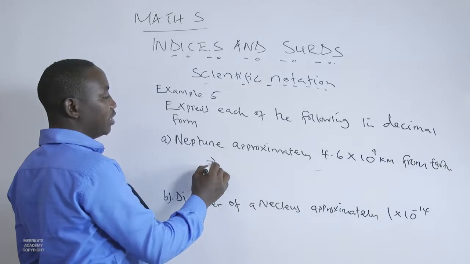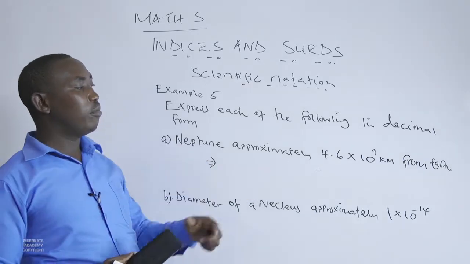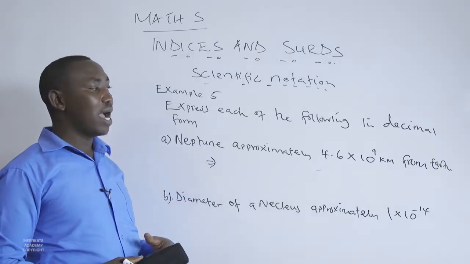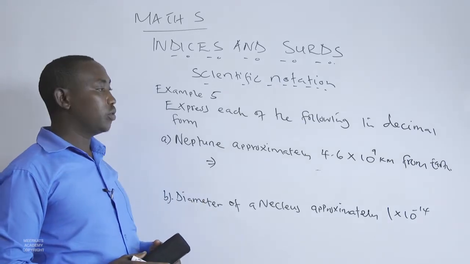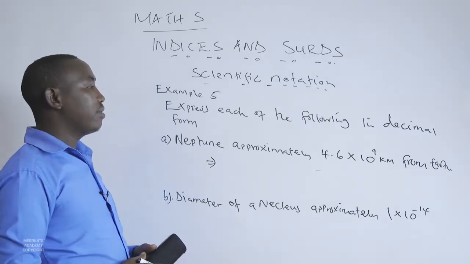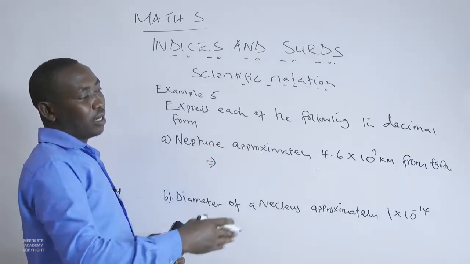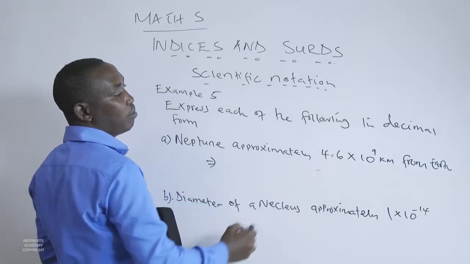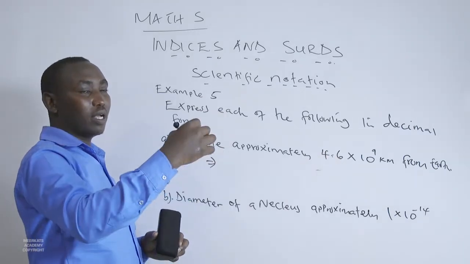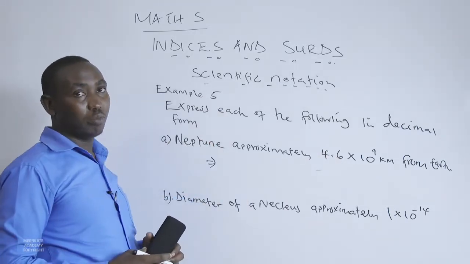For the first case, we have 4.6 multiplied by 10 raised to power 9. That means from this particular point, we need zeros to fill the 9 spaces.